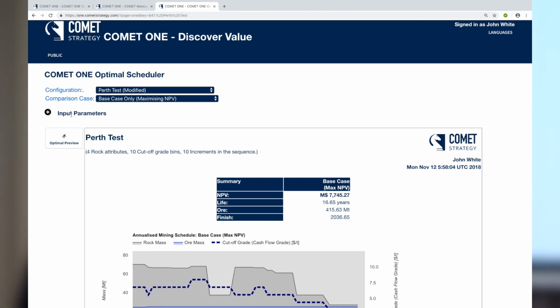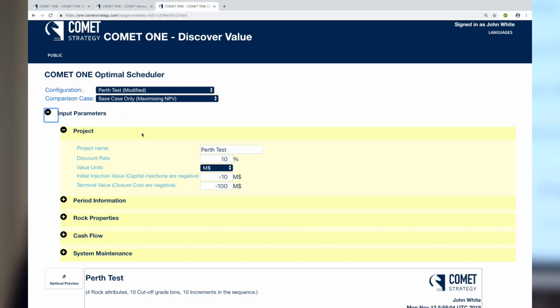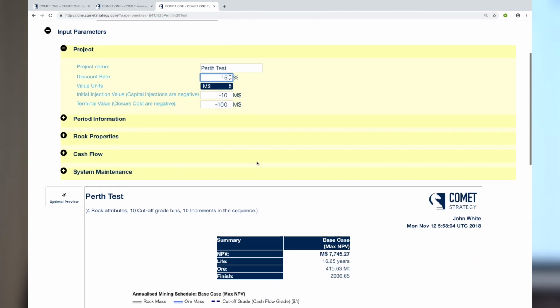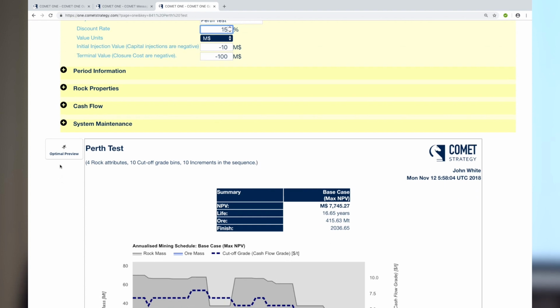If we look at our input parameters, we can change our discount rate. So for example, say we want to change the discount rate to 15%. You can then click optimal preview. Just maybe remember what the NPV and the life was.